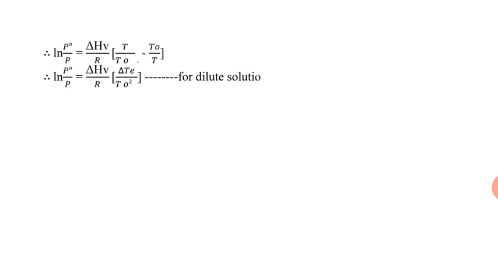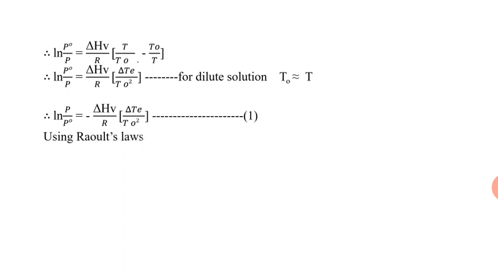Therefore, reversing the equation, ln P by P0 is equal to minus delta Hv upon R into (delta T upon T0 square), and this is our equation number 1.